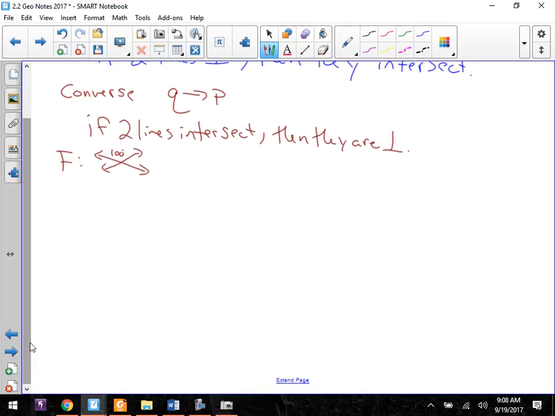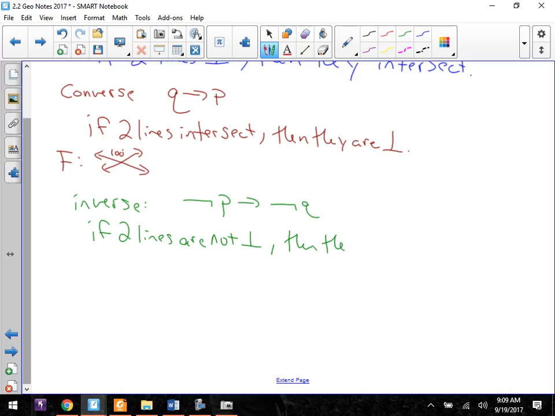Inverse: not P implies not Q. If two lines are not perpendicular, then they do not intersect.